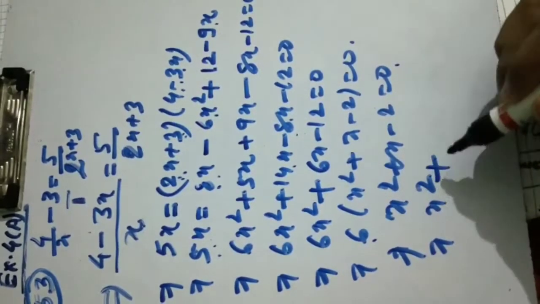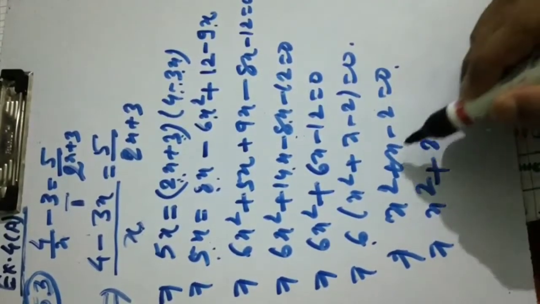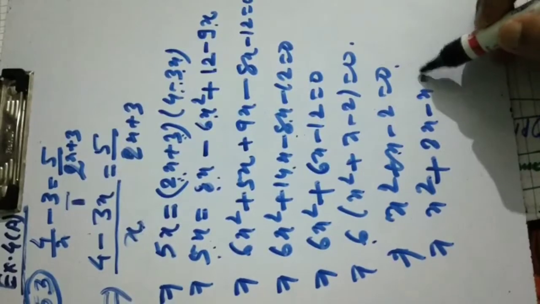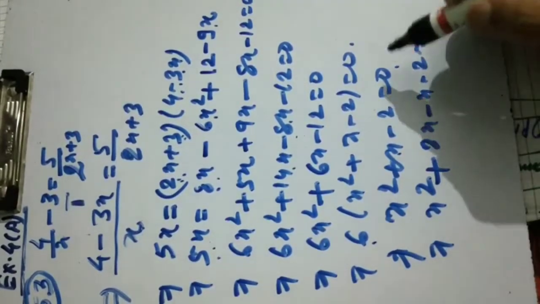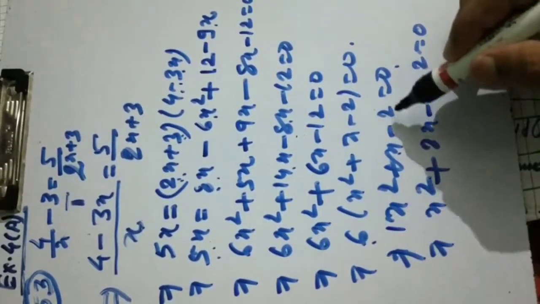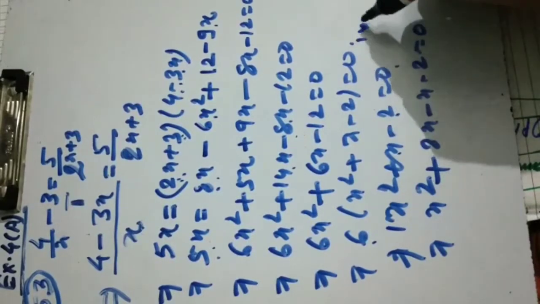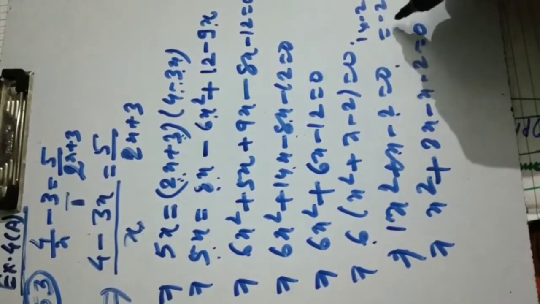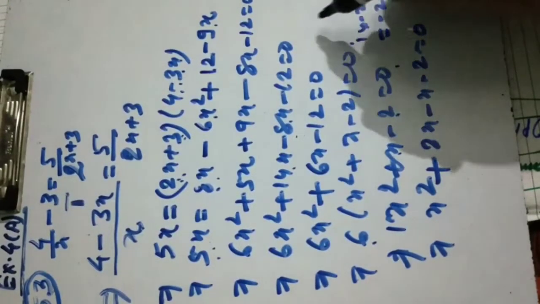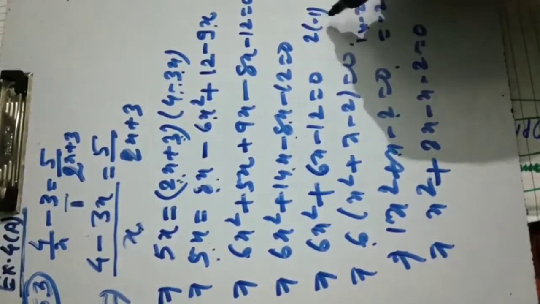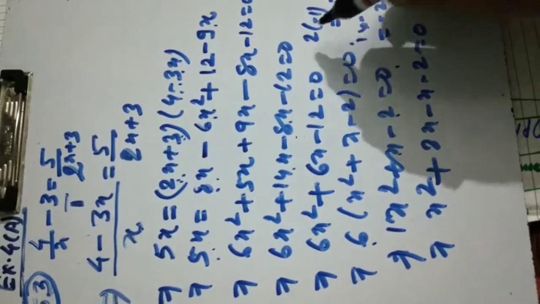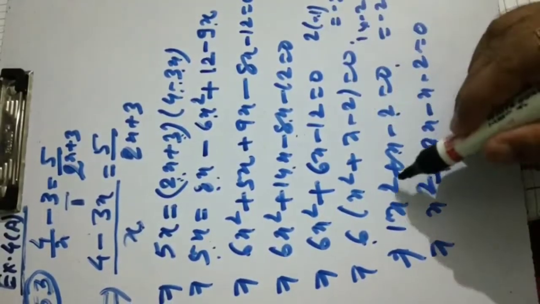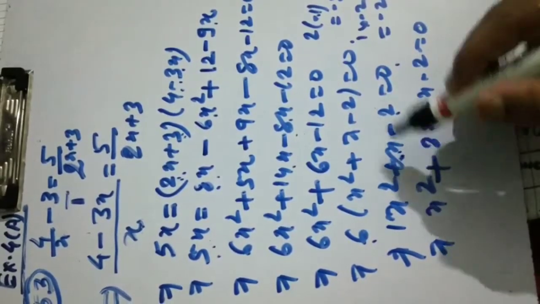So let us factorize x square plus x minus 2, and write x as 2x minus x. Because 1 multiplied by minus 2 will be equal to minus 2, and 2 multiplied by minus 1 will be also equal to minus 2, and 2 minus 1 is equal to plus 1, which is the coefficient of x.